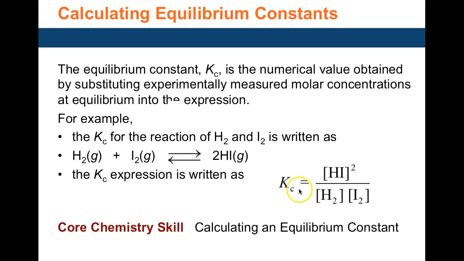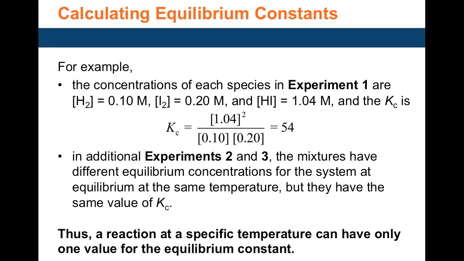How do we calculate the value of K? All right. Once you have the equilibrium expression, if you have the numerical values of the concentrations of reactants and products, you can just plug it into the equilibrium expression and then get the value for K like it's done here, okay?